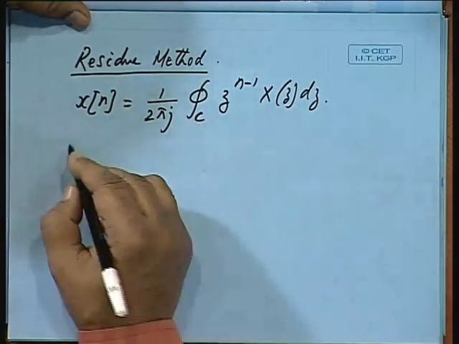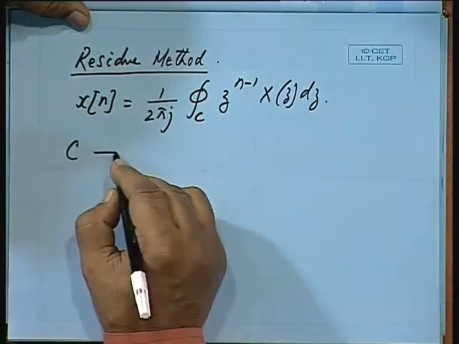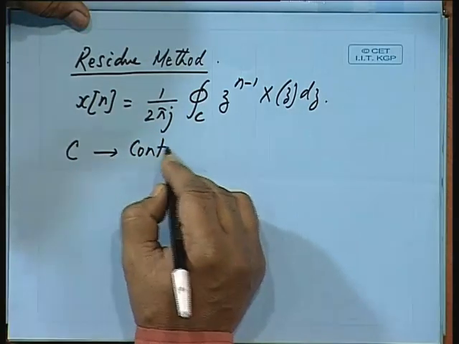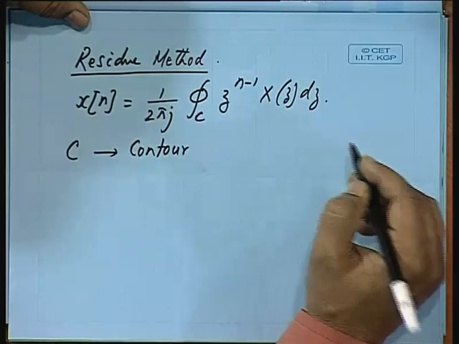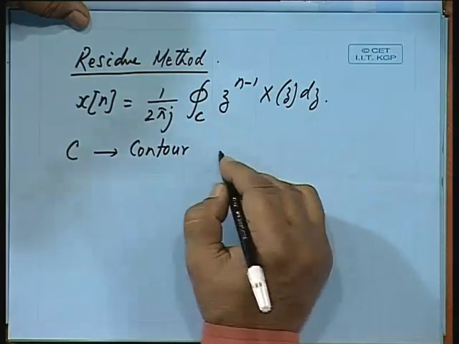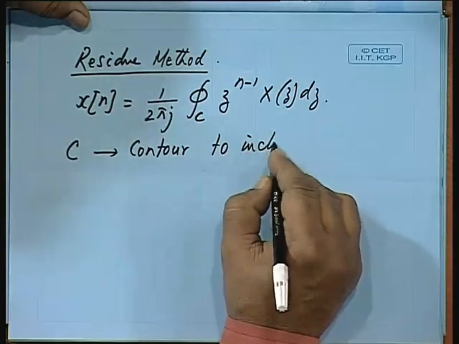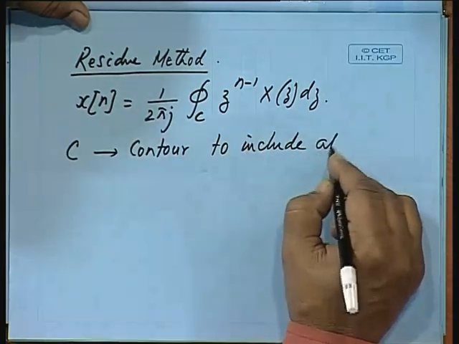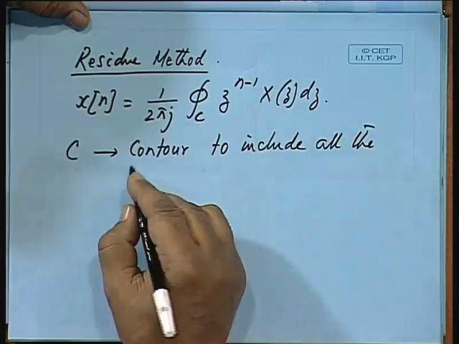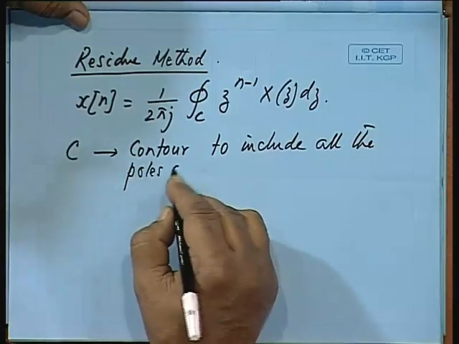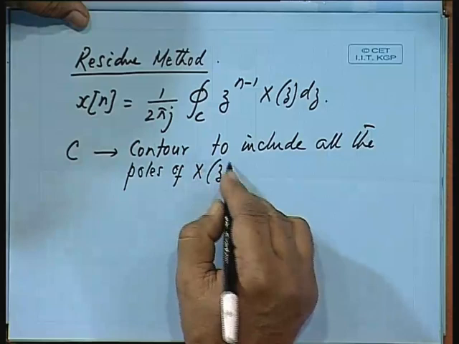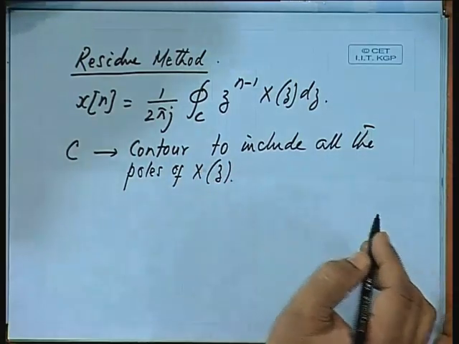The contour C is taken to include all the poles of x z. You choose any contour which can include all the poles.